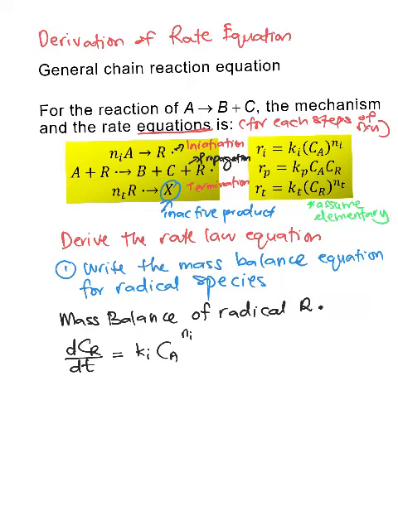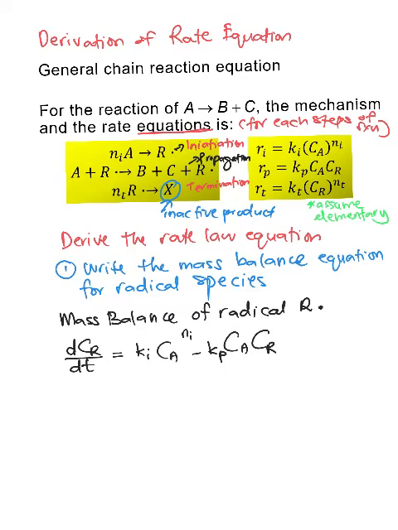And then in the second step, the propagation step, first a radical will disappear. So when the radical disappears, minus Kp Ca Cr. And then after that, when the reaction occurs, R appears, formation of radical species.